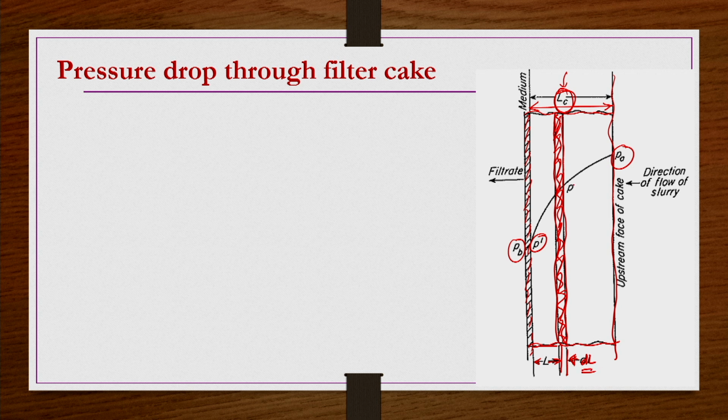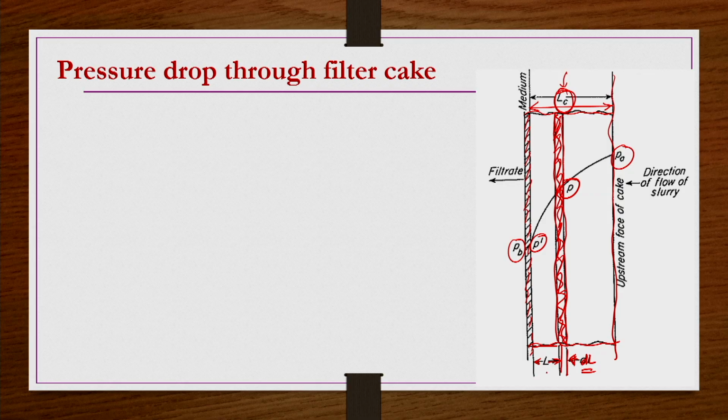The corresponding pressure for this layer of cake that we have taken is P. This layer is sliced out of the overall cake of thickness Lc, at distance L from the filter medium surface, and the thickness of this slice is dl.